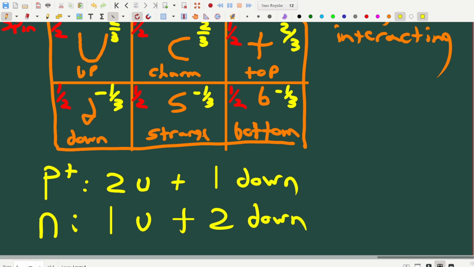I'll just give you an example. I have to do these units carefully, because we're at the point where energy and mass are the same. So a proton's mass, physicists report it in a unit called mega electron volts, and I'll convert that to something more useful for you guys.